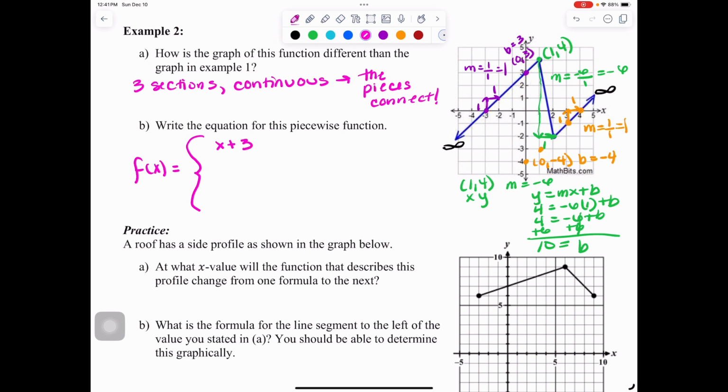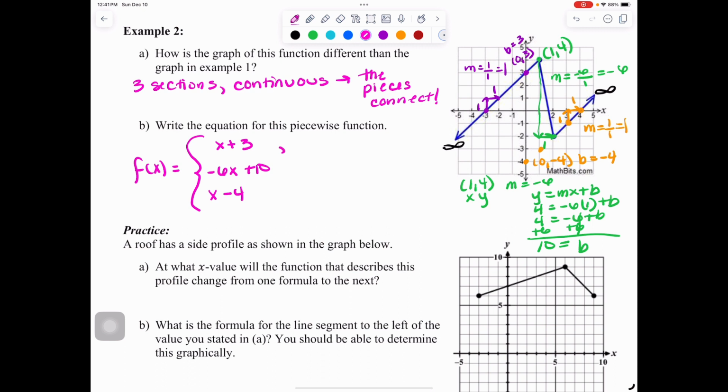The middle section had a slope of -6, so that's -6x. And we algebraically found the y-intercept would be 10. And then the last one, we have a slope of 1. And we figured out by extending that it's going to hit the y-intercept there at (0, -4). So that's going to be x minus 4.